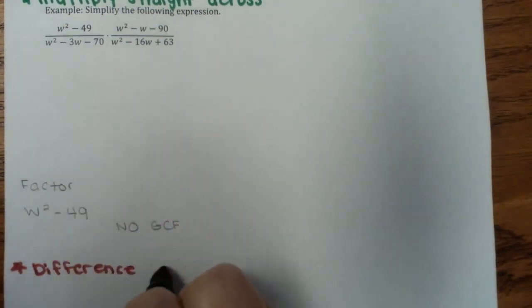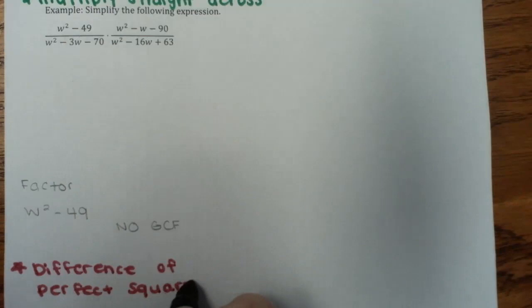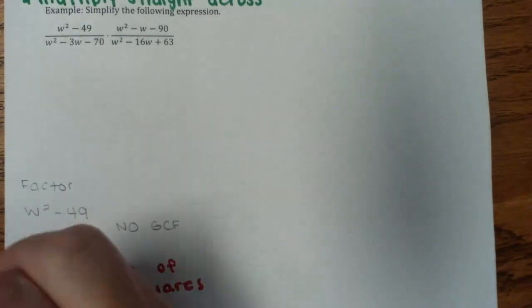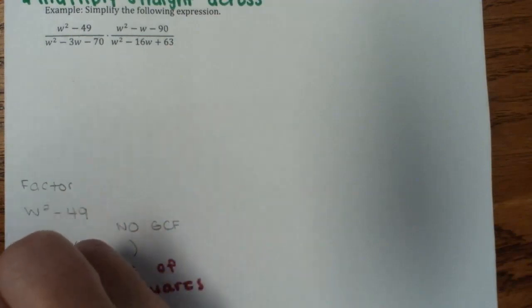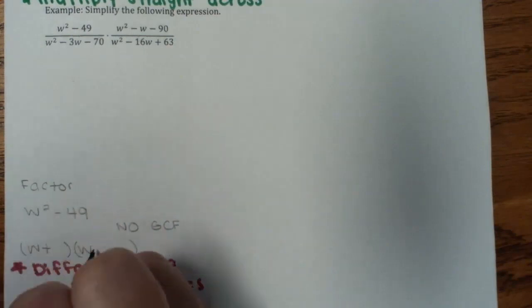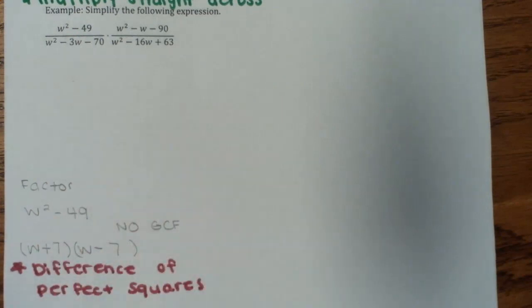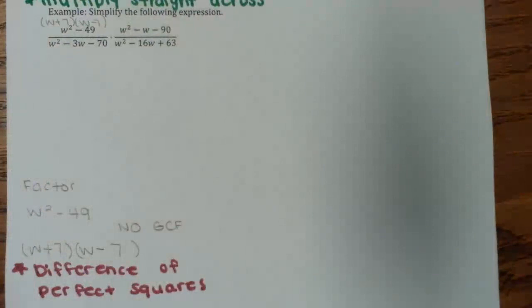So going back to test 3, that means we're going to have 2 factors. W squared we know is W times W. One's positive, one's negative. 49 is 7 times 7. So we factored W squared minus 49 into W plus 7 times W minus 7. I'm just going to put it up there so that way I stay organized.